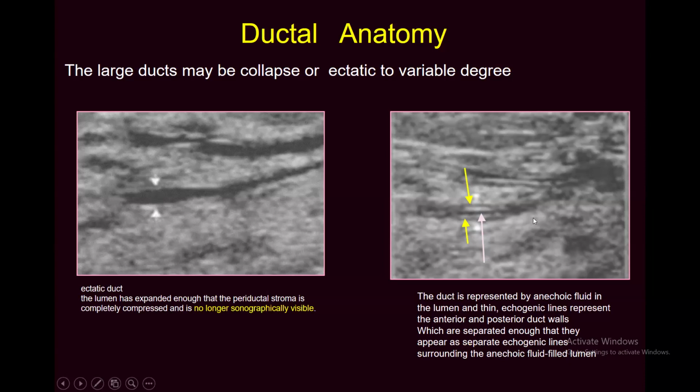Here, in this collapsed duct, we can see the grayish periductal stroma. But in this one, because the duct is expanding, it compresses the periductal stroma, so the periductal stroma is no longer sonographically visible.